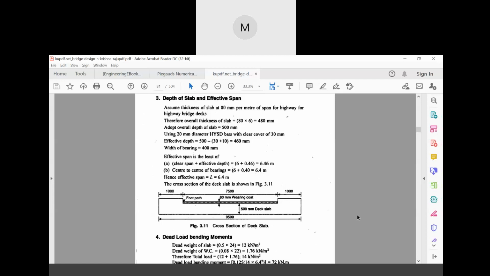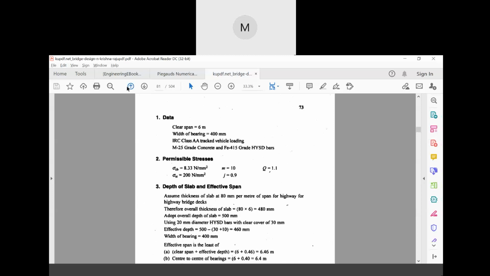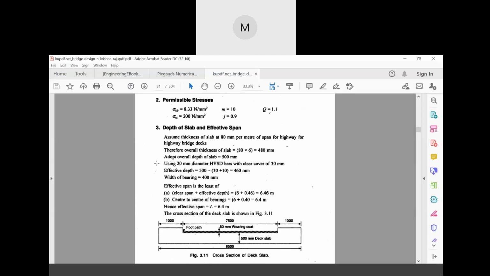For this kind of numericals, there are no codes. So basically, you will have to remember the steps: which part comes after which part. So first of all, number one, data; number two, permissible stresses; number three, depth of slab and effective span. So how will you find out the depth of slab and effective span?